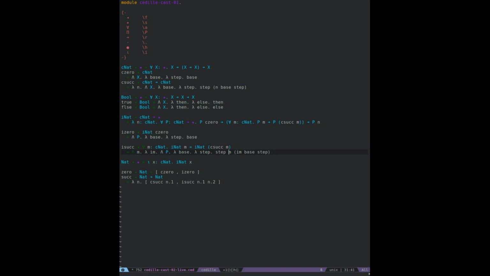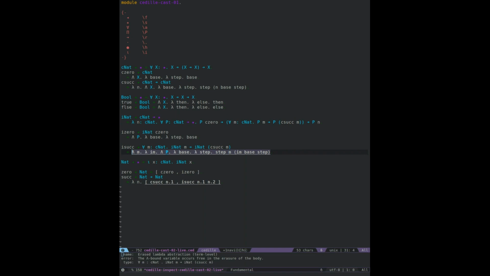And for applications, if I type this currently, I will get an error saying that the irrelevant variable m occurs free in the erasure of a body. That is to say that it's given relevantly in a computationally relevant position.